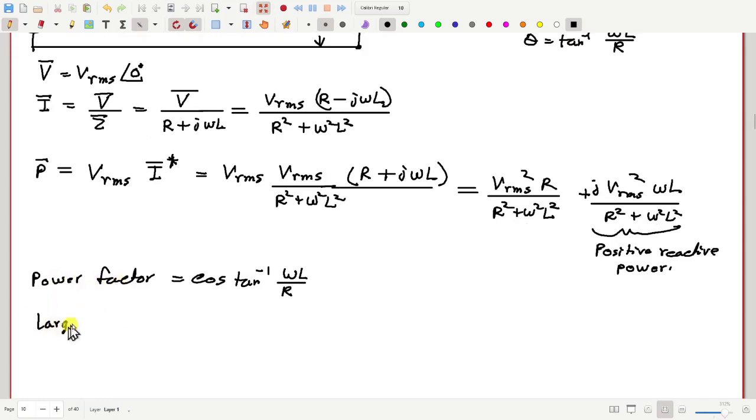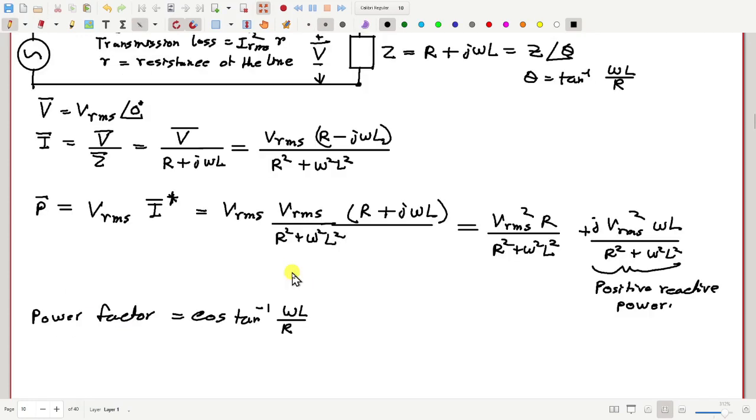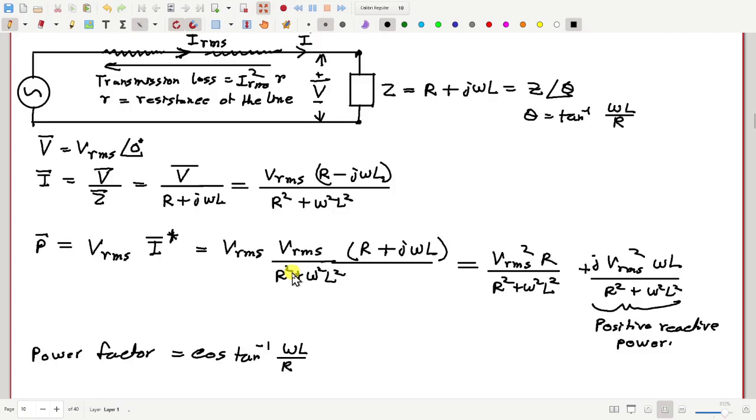Larger this ratio omega L by R, that is, the larger the inductance, the less will be the power factor.